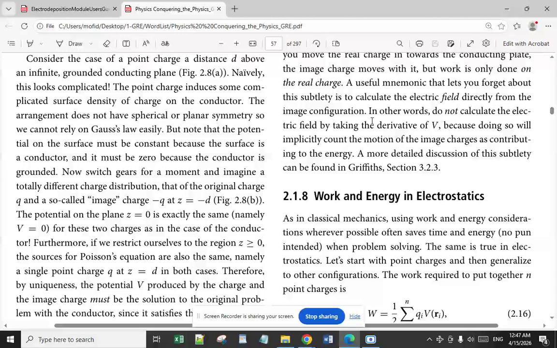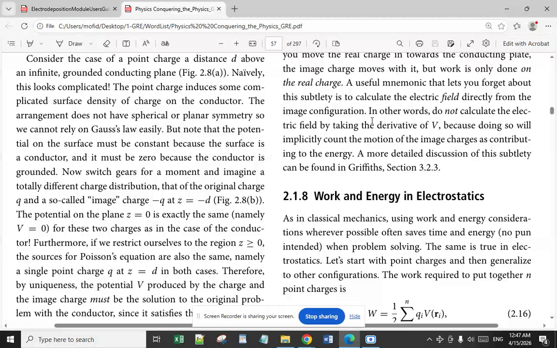Now switch gears for a moment and imagine a totally different charge distribution, that of the original charge q and a so-called image charge of minus q at z equals minus d. The potential on the plane z equals 0 is exactly the same, namely V equals 0, for these two charges as in the case of the conductor.